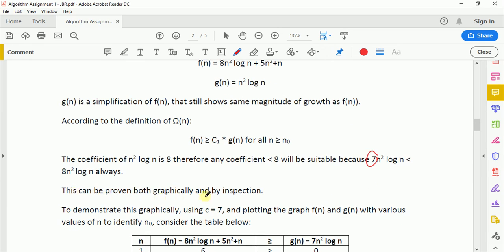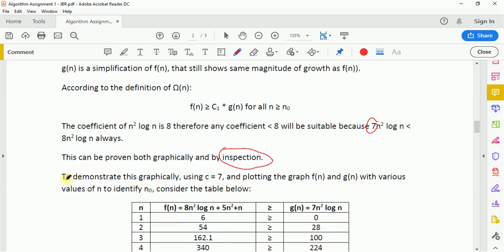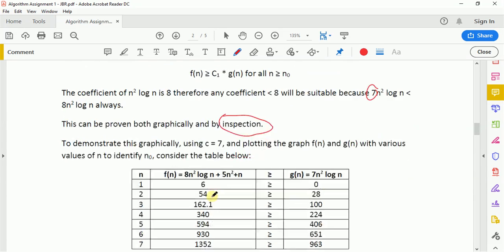This can be proven both graphically and by inspection. To demonstrate this graphically, using c equals 7 and plotting the graph of f of n and g of n with various values of n to identify n0, consider the table below.